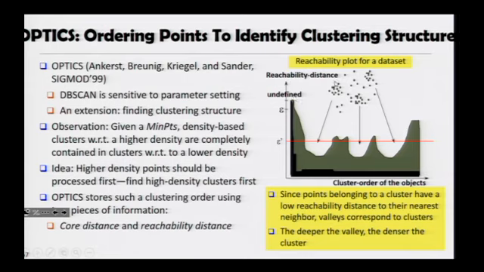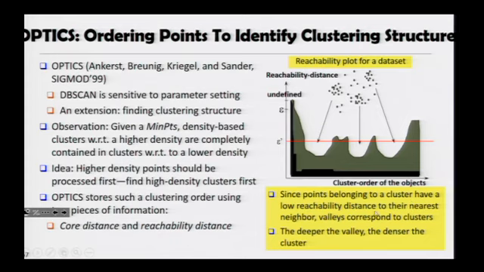At a high level, the reachability distance is the distance that can form an epsilon neighborhood with the minimum number of data points in that neighborhood.